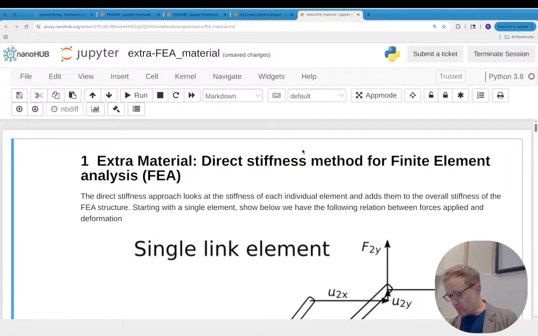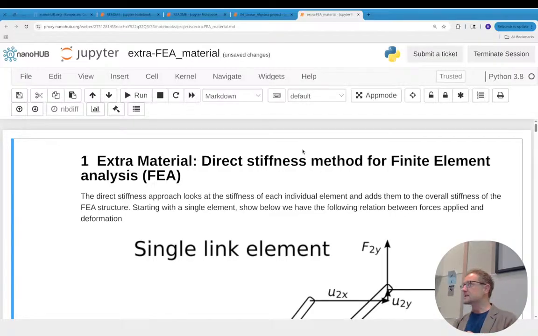And if you're really interested in how that was created, is it the simplest finite element? I don't know if it's the simplest, but it's usually the introduction to finite element methods, called the direct stiffness method.